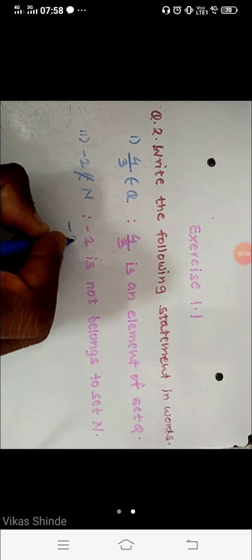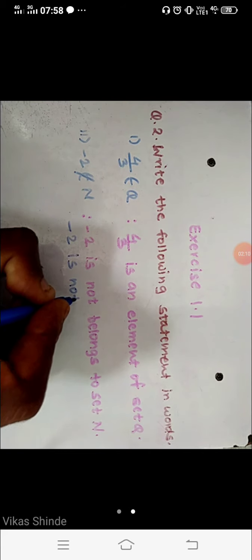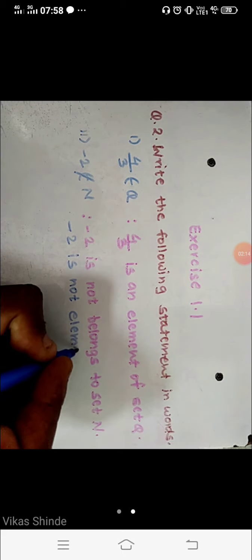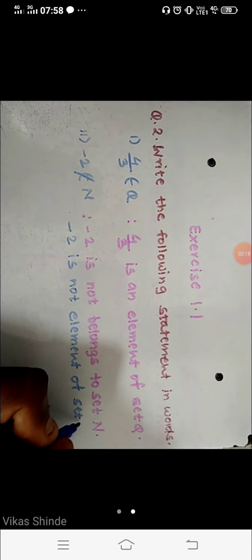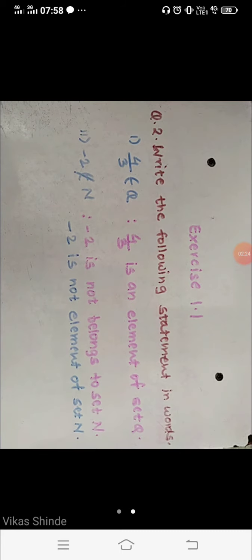Okay, your second statement is also correct here: -2 is not an element of set N. Set N means natural numbers here, and -2 is an integer here.